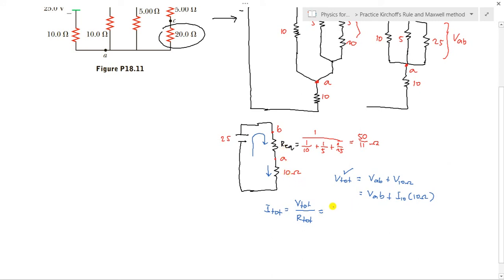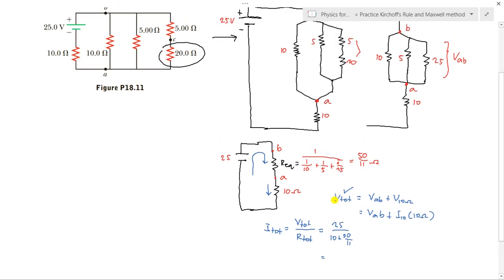So V total is 25, and the total resistance is 10 plus 50 over 11. So we have a current total of 25 over 10 plus 50 over 11. So that is 55 over 32.